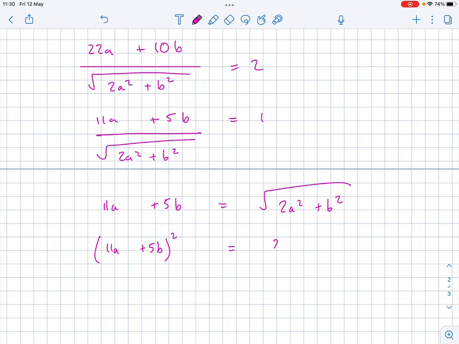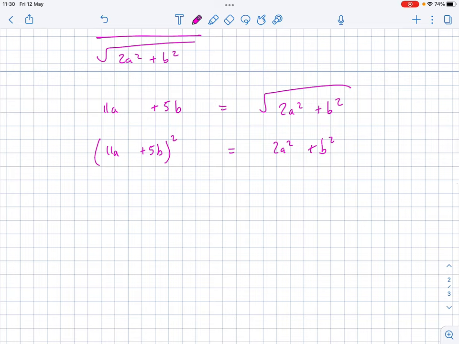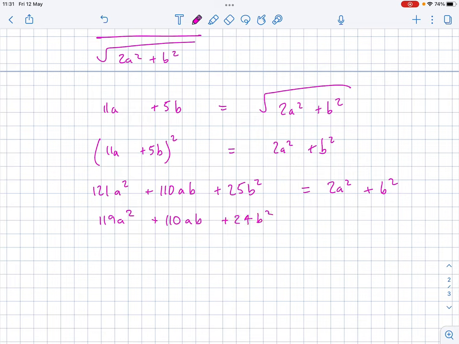So square each side there, get 2A squared plus B squared. Ugh, okay, 121A squared, plus 110AB plus 25B squared equals 2A squared plus B squared. This doesn't look nice. 119A squared, plus 110AB plus 24B squared.